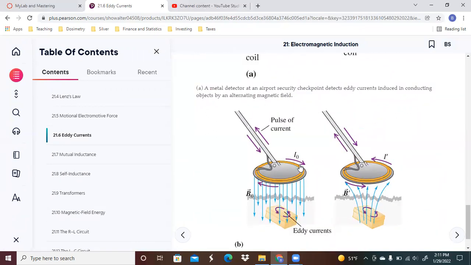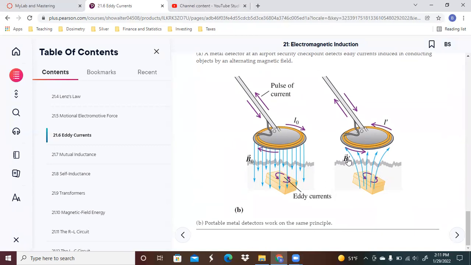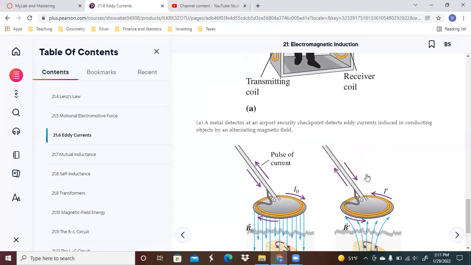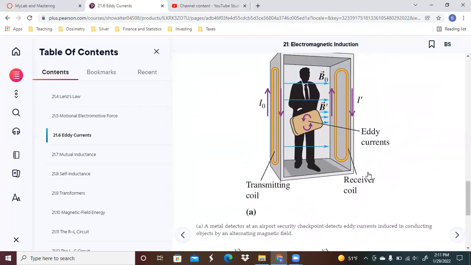So you've got the pulse of the current going on here, and then if that gets disrupted by eddy currents, then you can see here that you found something. And you can kind of see the same thing here. You're going through a metal detector, you can see with the eddy currents what sort of changes in the current you're able to find. So really kind of fascinating stuff.